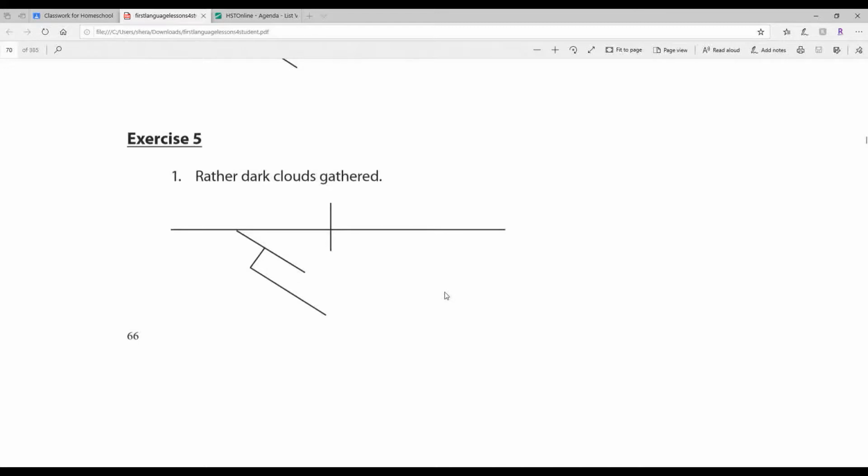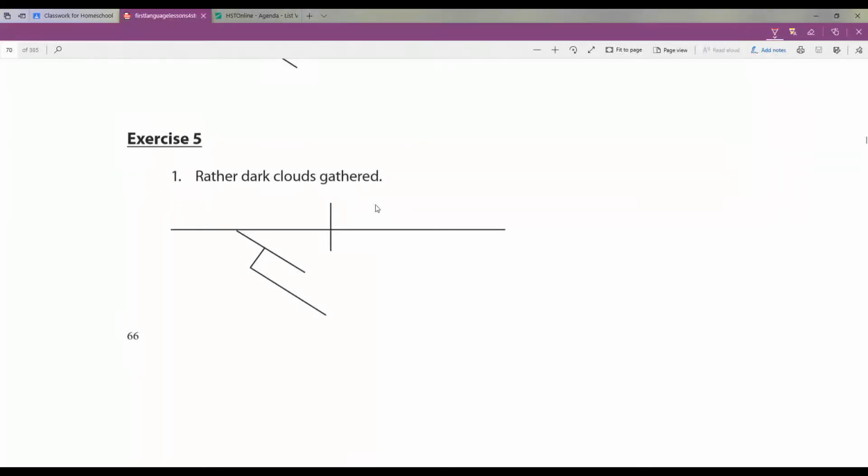Now, since our sentences are beginning to get a little longer, it might be easier to start labeling the sentences. When my kids were little, I would always make them label the sentence before they diagrammed it. It made it a lot easier when the sentences became longer. So gathered is our verb. Of course, we always underline a verb twice.